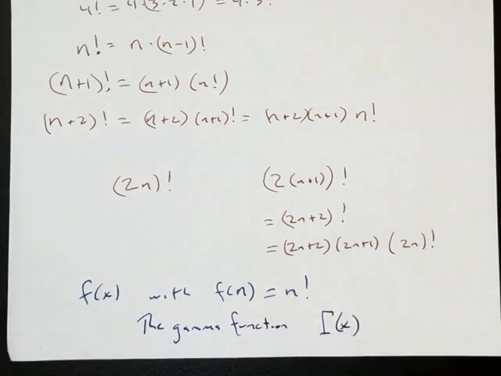That's a capital gamma, not a lowercase gamma. But once you do that, then you could figure out what gamma of 1/2 is, or what gamma of 1/3 is. And then the idea of doing 1/2 factorial actually works.